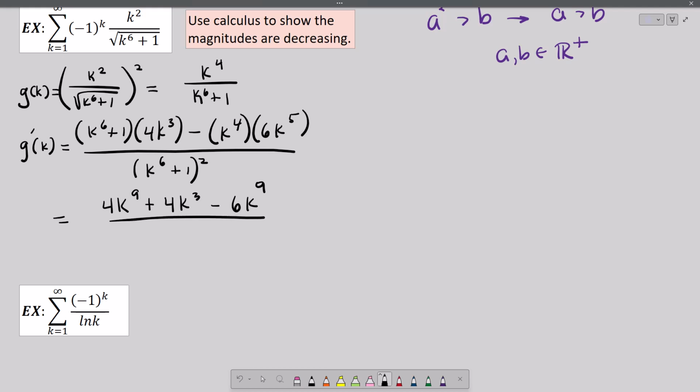If the derivative is always negative, that means your function is decreasing. Okay, let's come up here and we get negative 2k to the 9 plus 4k cubed, all divided by k to the 9 plus 1 quantity squared.